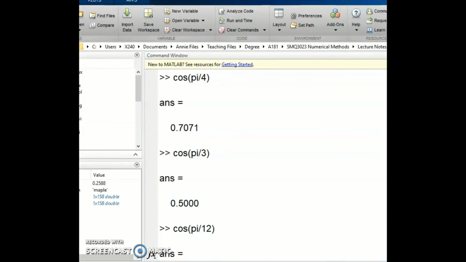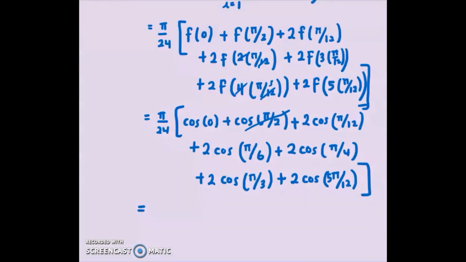So let's do that. We have pi over 24, cos 0 is 1. I'm ignoring the decimal point at this stage, but in the end, please don't forget your decimal places.